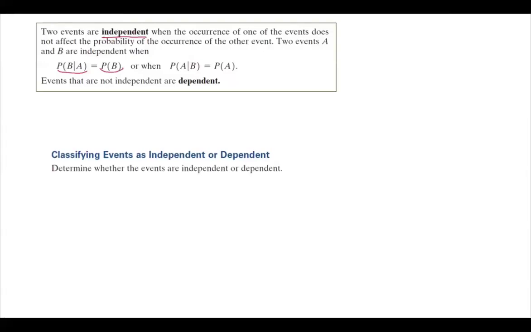It means that probability of A has no impact on probability of event B, or when the conditional probability of A given B is exactly the probability of A. So basically saying that two events are independent from each other if you find their conditional probability, the probability of A given B, and as we remember the formula, it is the probability of A intersection B divided by the probability of B. On the numerator, their intersection becomes their multiplication, probability of A times probability of B, and then you can divide it by probability of B. You can cancel these two out.